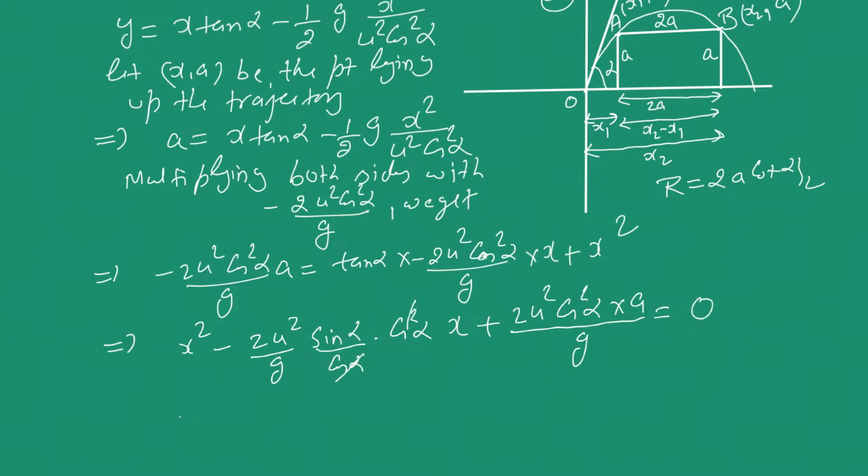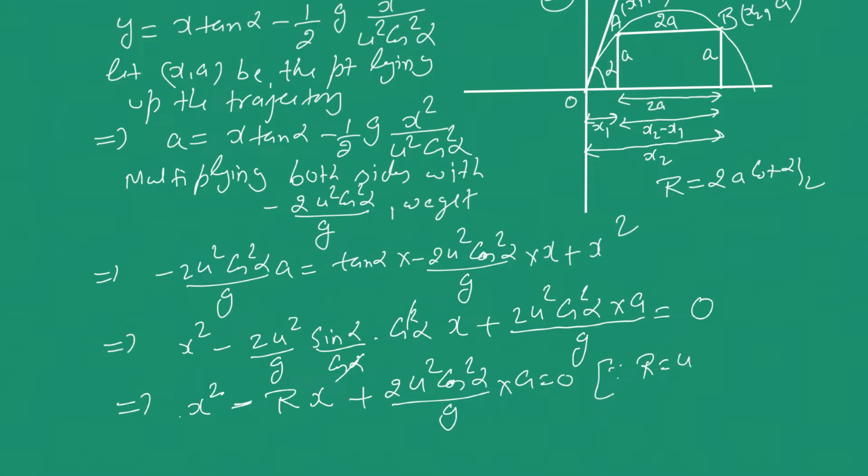This cos alpha will cancel out, so this implies that x square minus r x plus 2 u square cos square alpha by g into a is equal to 0, because r is equal to u square sin 2 alpha by g from equation number 2, which is 2 u square sin alpha cos alpha by g.